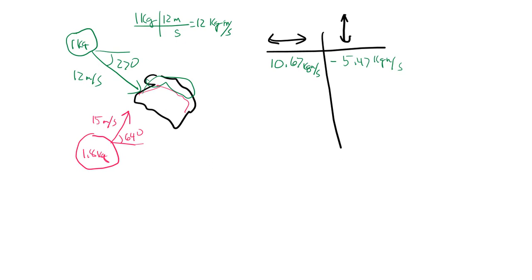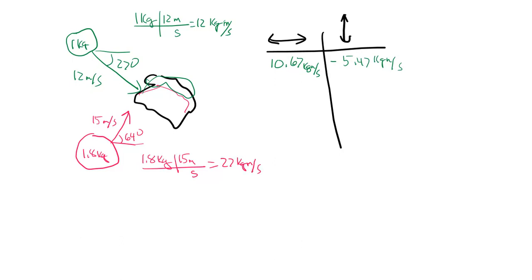All right, for the next one, I can get the total momentum: 1.8 kilograms times 15 meters per second, 1.8 times 15, works out to be 27 kilogram meters per second.